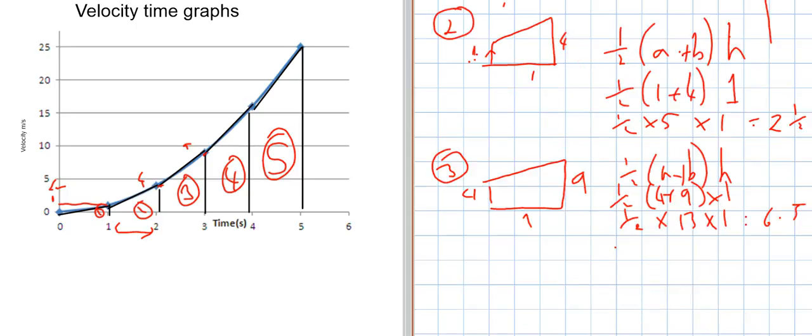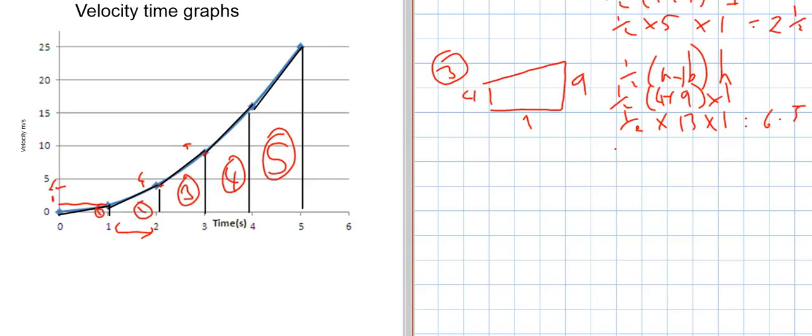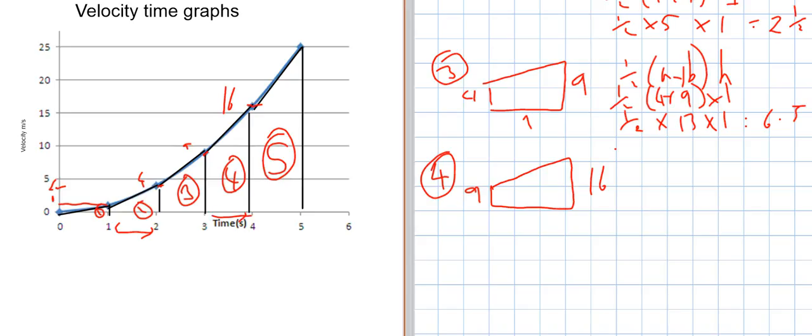We're going to now work out section number 4. Okay, again, draw out a little sketch. We've got a height of 9 and a height of 16. So 9 and 16 are parallel sides, and again, the difference between them is 1. So half times (a plus b) times height.